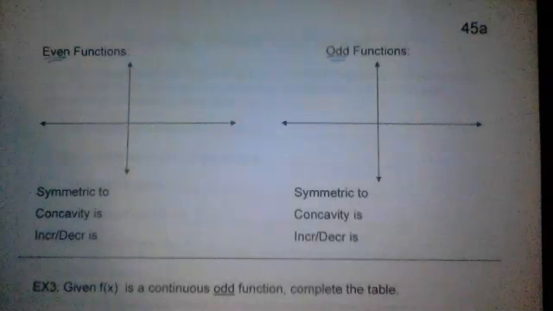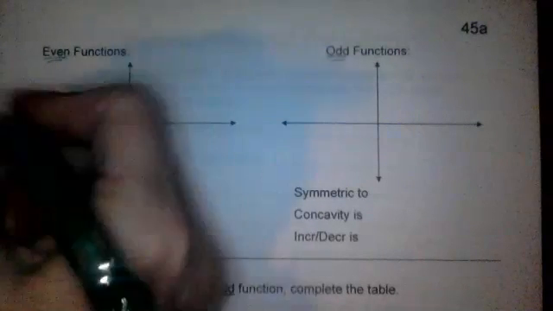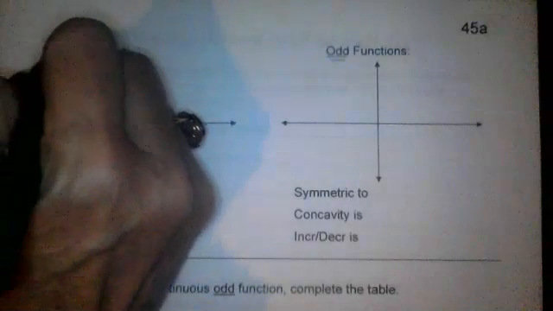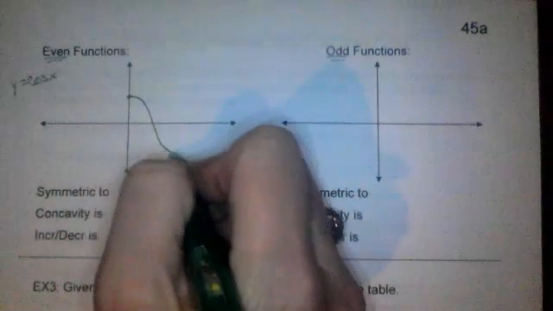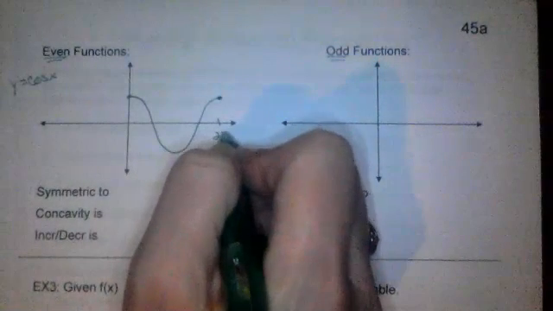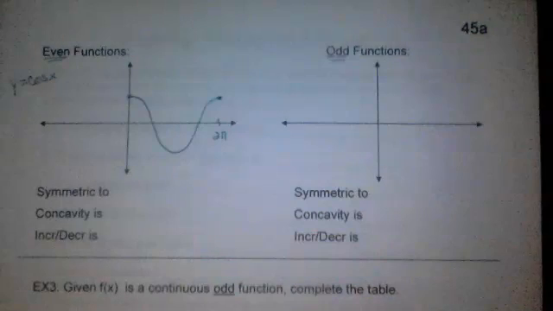Now, we know lots of even parent function graphs like y equals x squared or y equals the absolute value of x. But for this purpose, I'm going to use y equals cosine of x. Remember, cosine starts up high, down, goes back up, completes a cycle in 2 pi units.